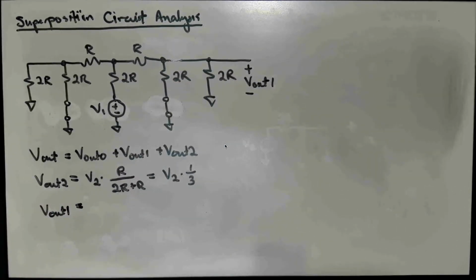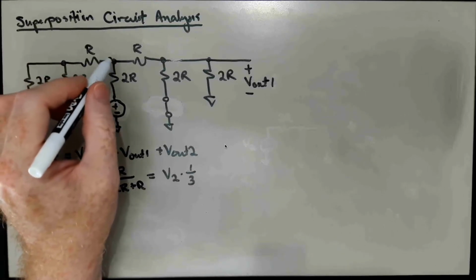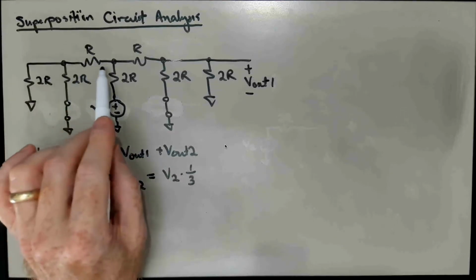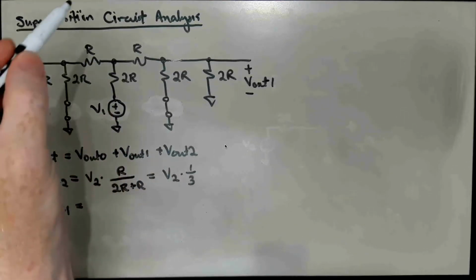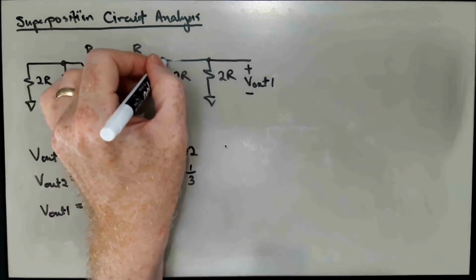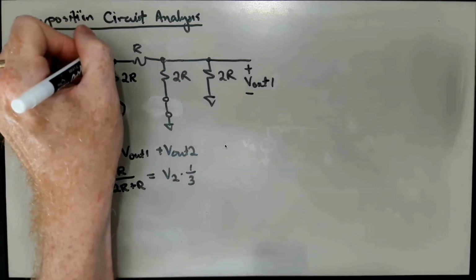Well, we can do a similar thing here. Here V1 couples into this node up here through 2R. And to the left of this point, and to the right of this point, we actually have two identical networks. So let's call this point here VA.